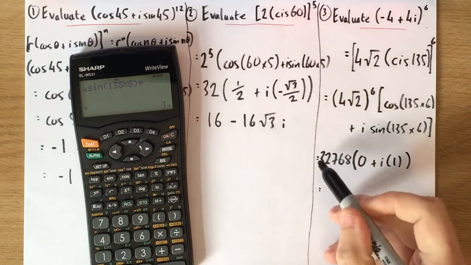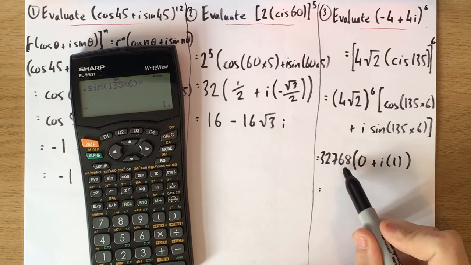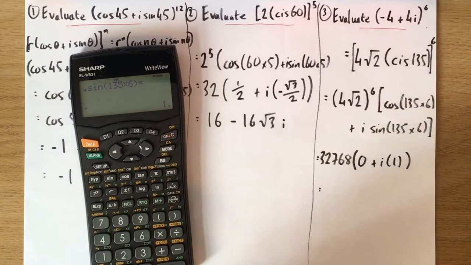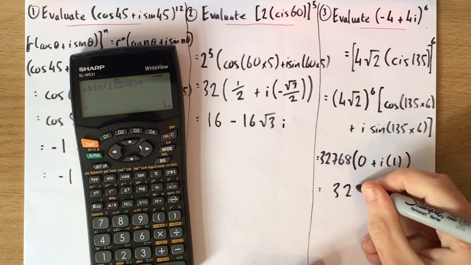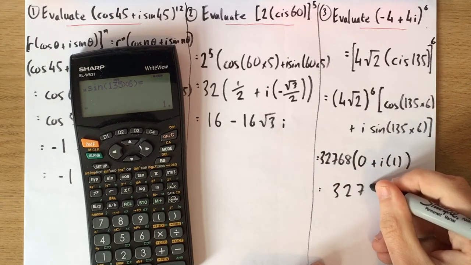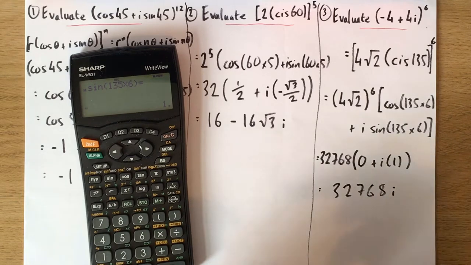So 32,768 by 0 is 0. 32,768 by 1 is 32,768i. So 32,768i is our number evaluated in rectangular form.